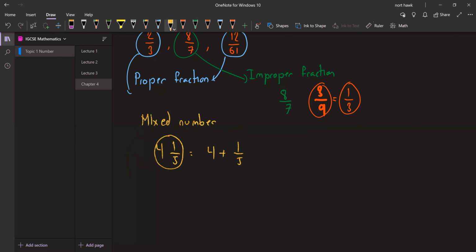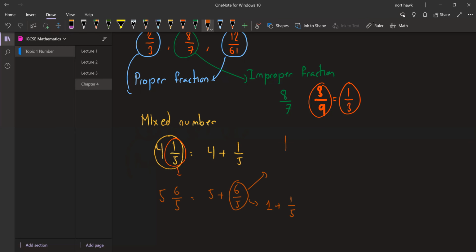In a mixed number, the fraction portion is always a proper fraction because, let's say I write 6 over 5, this is essentially 5 plus 6 over 5, and 6 over 5 is equal to 1 plus 1 over 5.